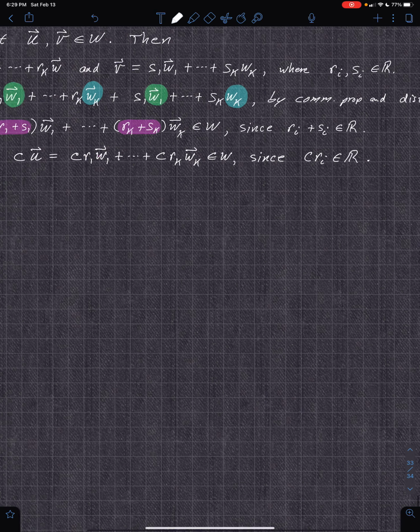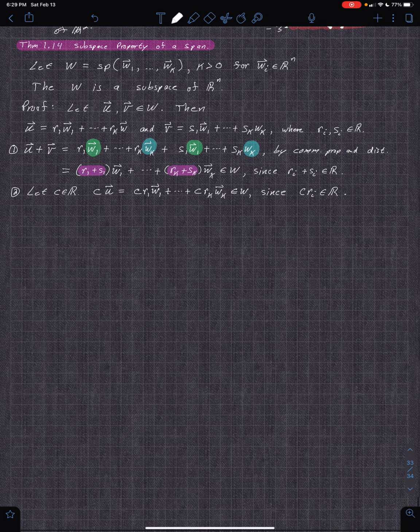All right, so because K is non-zero, meaning this is non-empty, because of that, it must be a subspace. So W is non-empty. All those elements, or the sum and the scalar multiple, place us back in W. Therefore, it's a subspace.